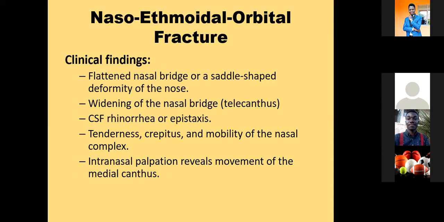Some of the clinical findings in this kind of fracture: a flattened nasal bridge, then widening of the nasal bridge, CSF rhinorrhea or epistaxis, tenderness, crepitus, and mobility of the nasal complex.